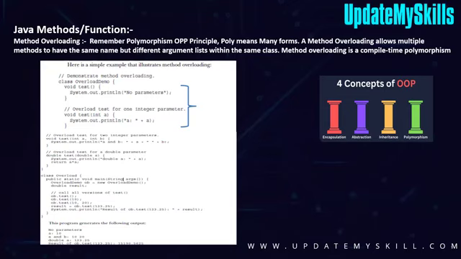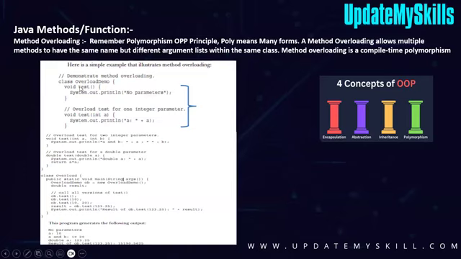So in this class, if you see here, a class OverloadDemo, we have a method called test, and it is simply printing one System.out.println. I can define one more method, test, with int a.